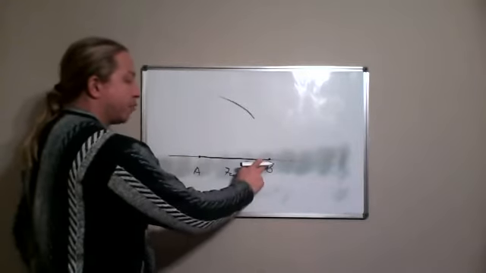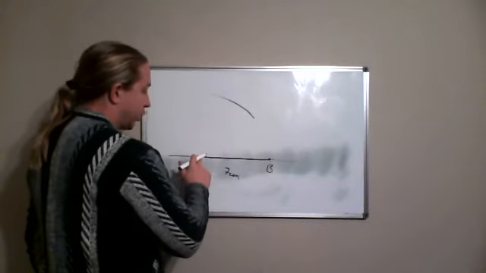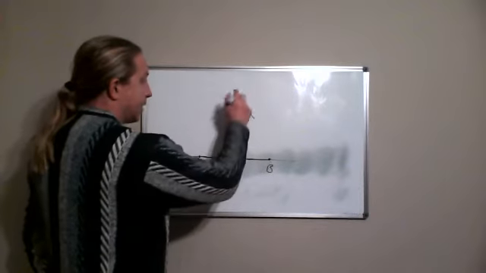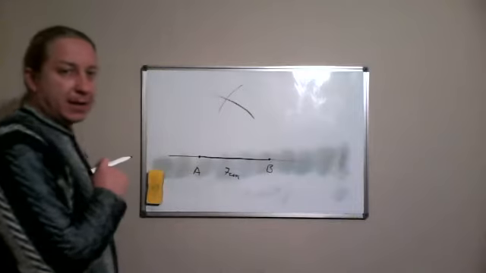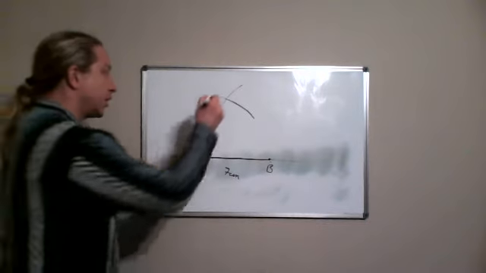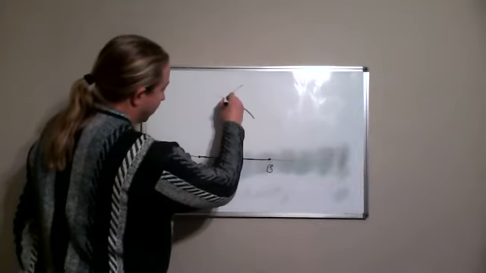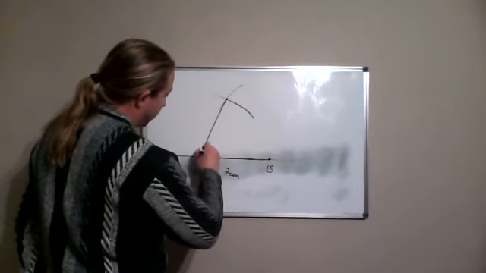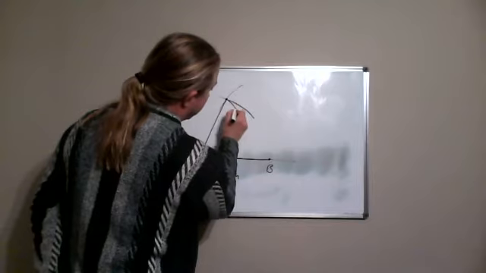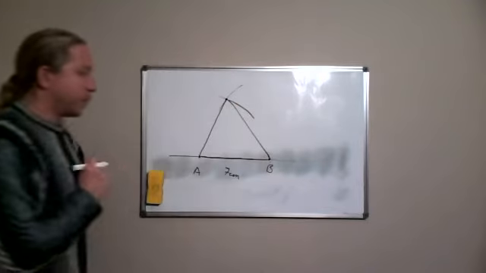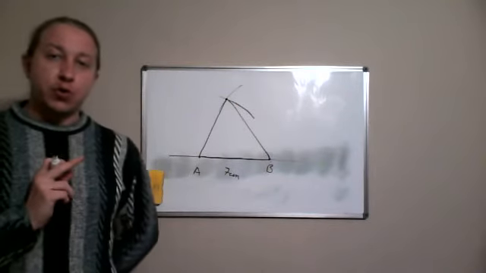We're going to put our needle point into here, open it to A, and make another mark like that. Okay. So this intersection will give us the third point of the triangle. So we're going to join it there and there. Okay, so here's my equilateral triangle.